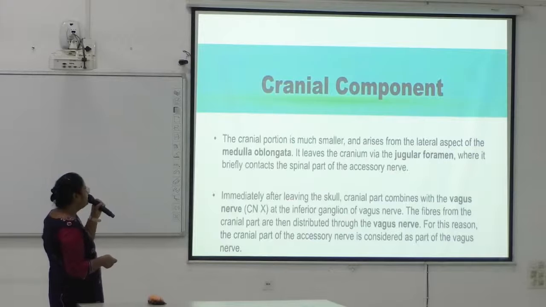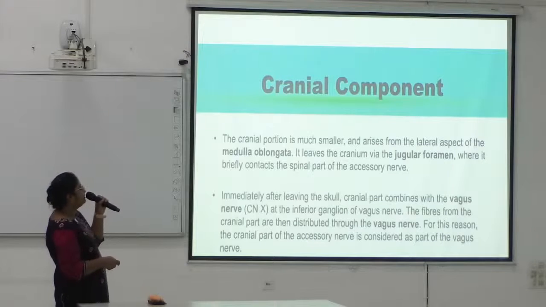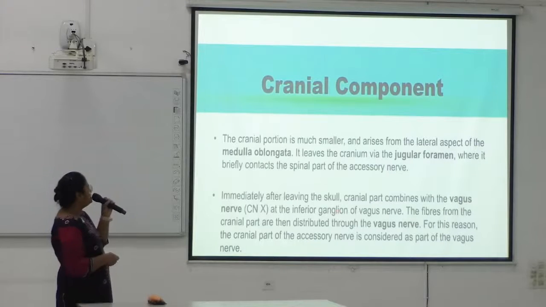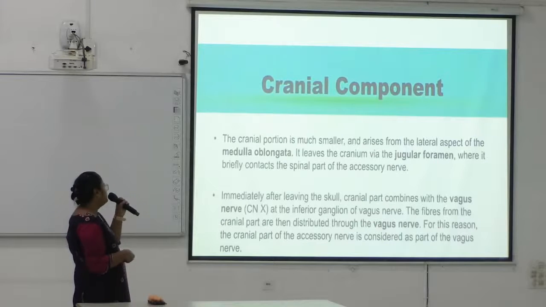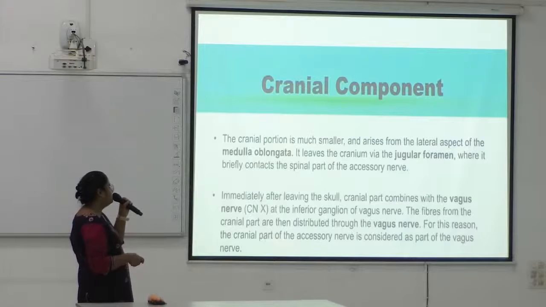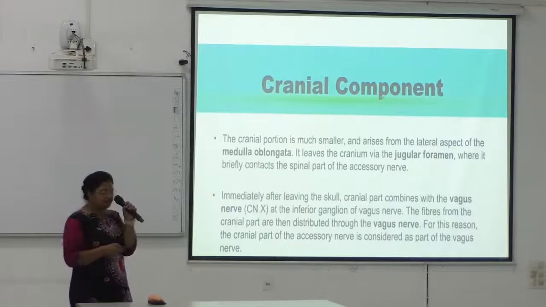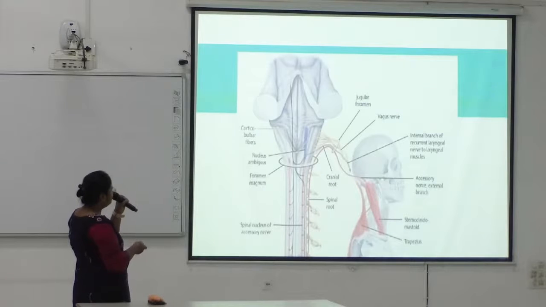Immediately after leaving the skull, the cranial part combines with the vagus nerve at the inferior ganglion of the vagus nerve, and the fibers from the cranial part are then distributed through the vagus nerve. For this reason, the cranial part of the accessory nerve is considered as a part of the vagus nerve. Here you can see the vagus nerve is also coming out through the jugular foramen.